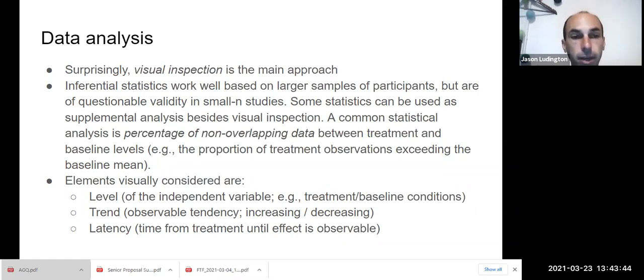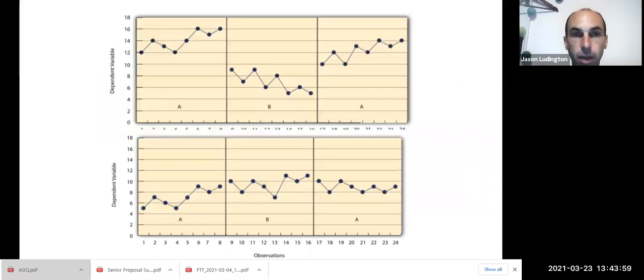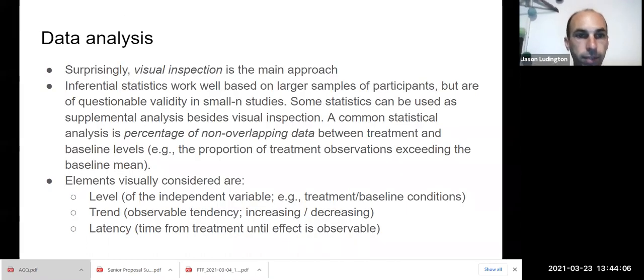What I'm talking about here are the elements that we visually inspect. And when I say visually inspect, we look at the next slide and we can see what I'm talking about visually inspecting the elements. All right, so we have these three elements. We have level, trend, and latency. Level is another word for condition.